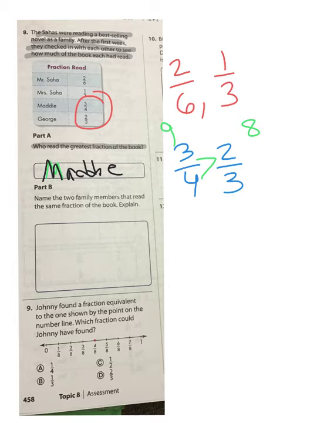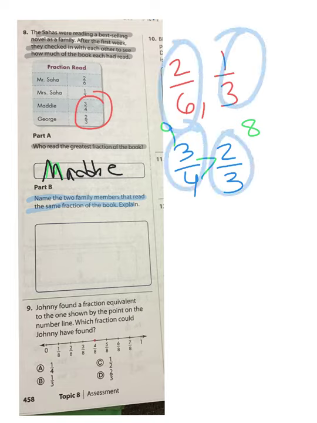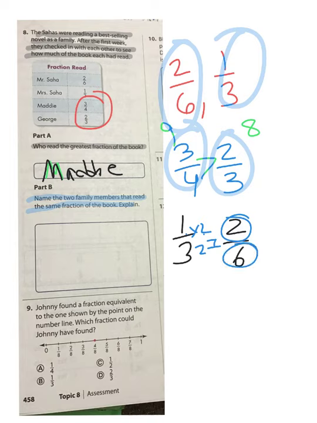Now, we want to see the two family members that read the same fraction of the book. So we have 2/6, 1/3, 3/4 and 2/3. Well, we know that 3/4 and 2/3 are not equivalent. So if I have 1/3 and 2/6, if I multiply both sides by 2, 1/3, 1 times 2 is 2, and 3 times 2 is 6.